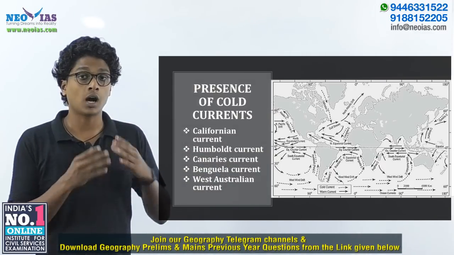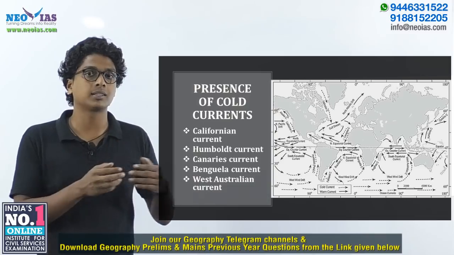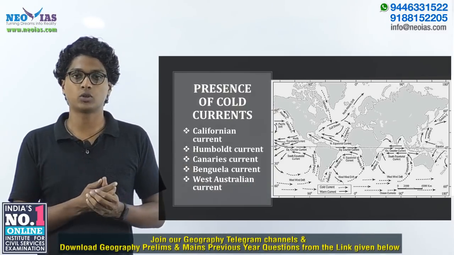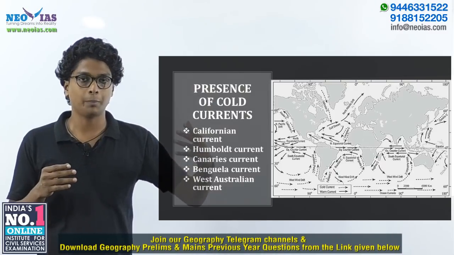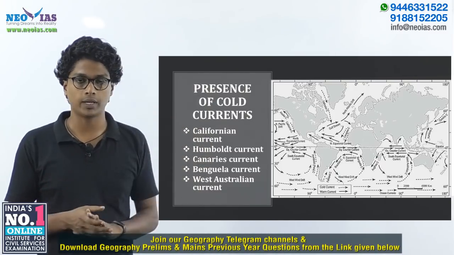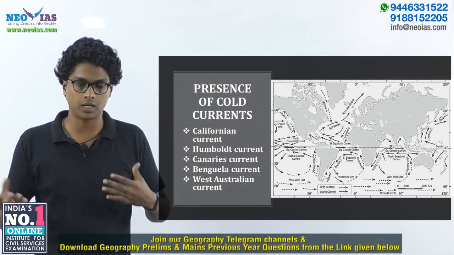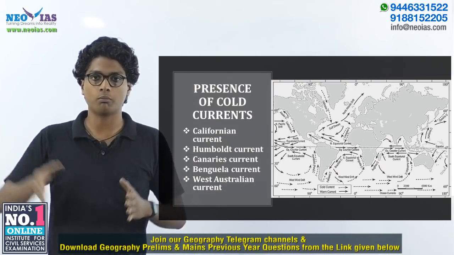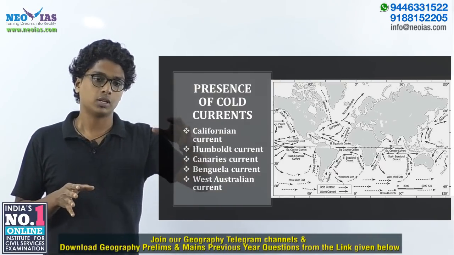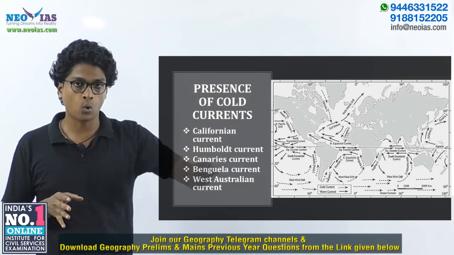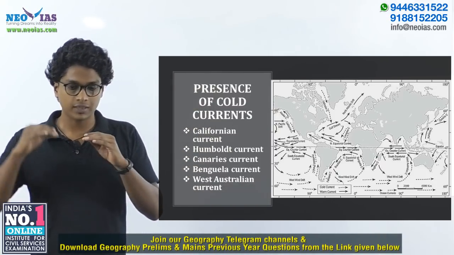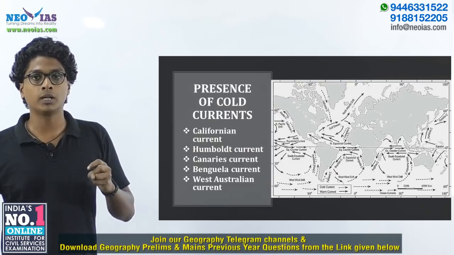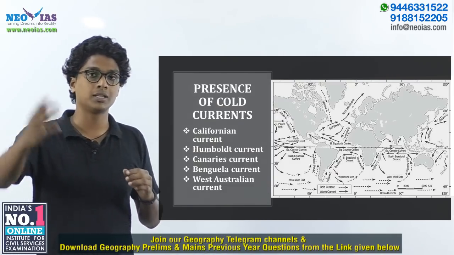Now let's discuss how the cold ocean current results in the formation of major hot deserts. Think about it: a cold current means that the water is cold, and a warm oceanic current means that the water would be warm. So if the ocean water is cold, there will be less moisture available in the atmosphere. And if the ocean water is warmer, we'll have more moisture available in the atmosphere.